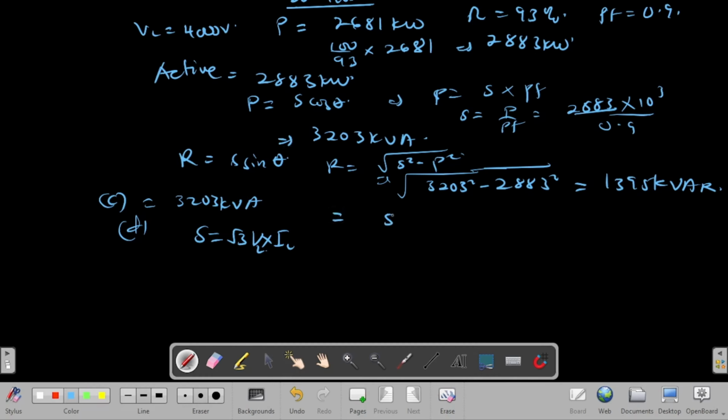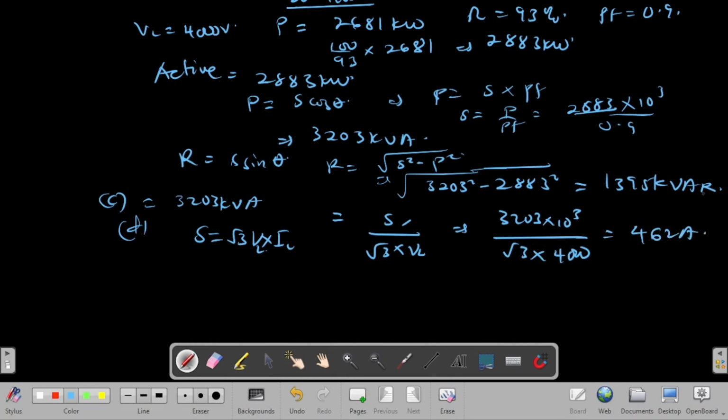I'm going to have my S all over the square root of 3 times VL. So S is 3203 times 10 to the power 3 all over the square root of 3 times my VL, which is 4000, and that gives us 462 amps. And that is all for this section. I'll see you in the next session for unbalanced system.